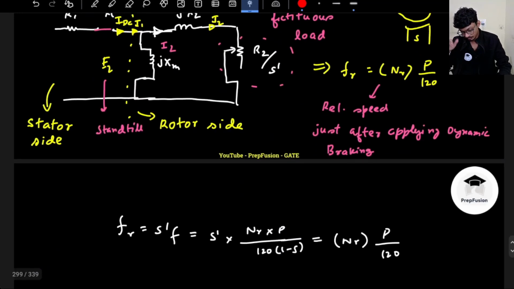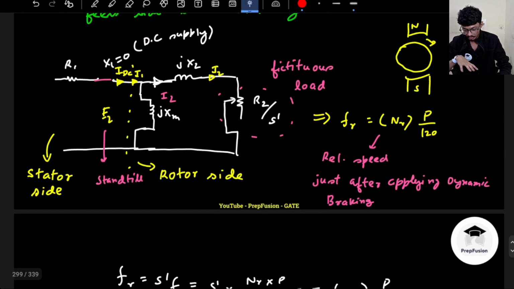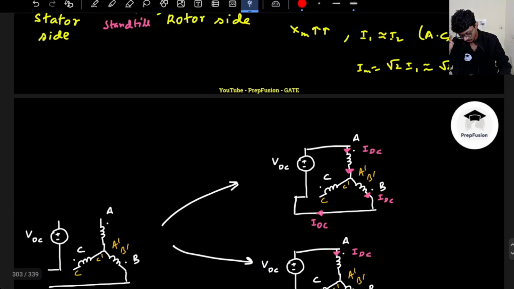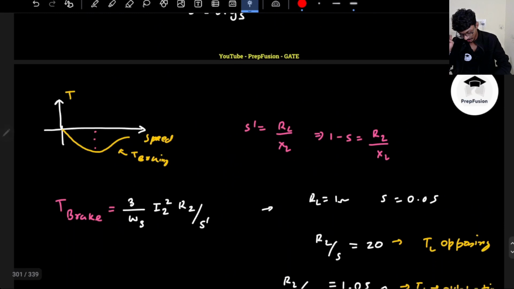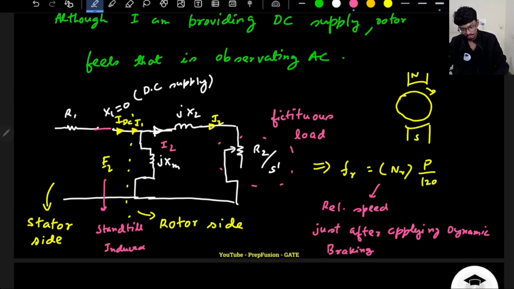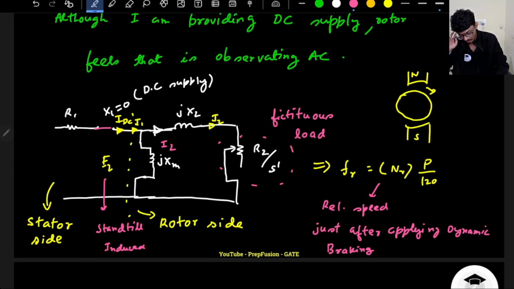So we equated everything and found out this was the braking torque, where I have written 3 into I2 square. E2 is the standstill rotor induced EMF, so you search for this word in the question. If it is given, then you will be able to find I2.